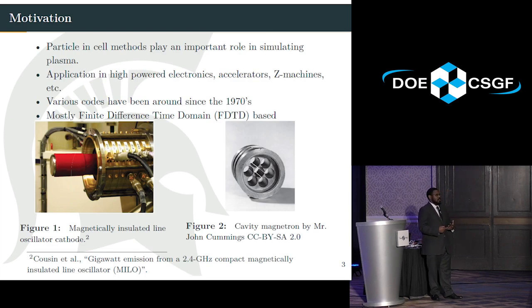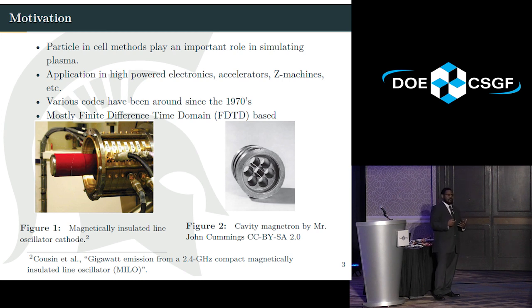Particle-in-cell methods are a way to represent how plasmas move as a representation of particles. And it has practical applications as far as doing Z machines, particle accelerators. We just have a quick example of some object, this cathode oscillator and a magnetron, where you have some flow of electrons that you want to model and to see what kind of oscillations you get out, what radiation happens.